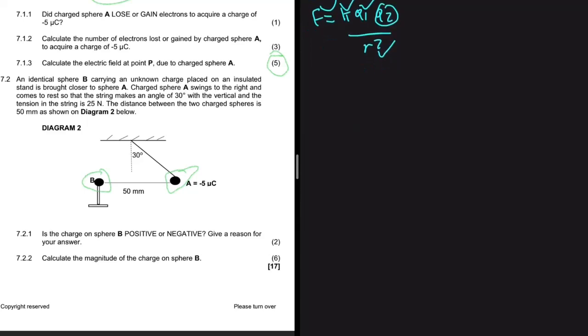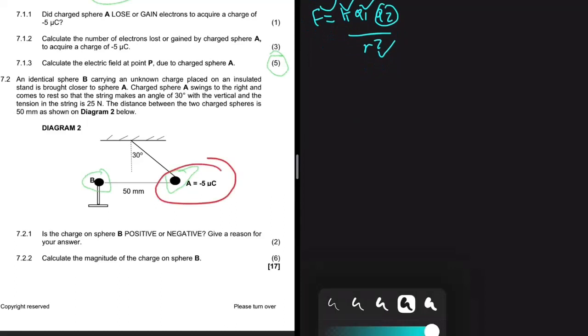We can use sphere A, right? Here in this question, you don't have any option. You have two spheres, A and B. We have exhausted all our options with regards to sphere B, and we can't find a way to get to the answer. We are definitely going to use sphere A. So sphere A is at rest there, right?